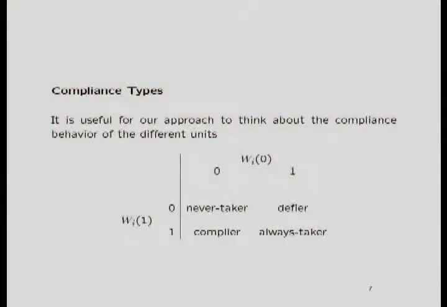But given this setup, a key feature is that it's important to think about individuals' responses to the instrument. The way to capture that is to think about a pair of values, Wi(0) and Wi(1). Both of these are binary, so that gives us four different groups.